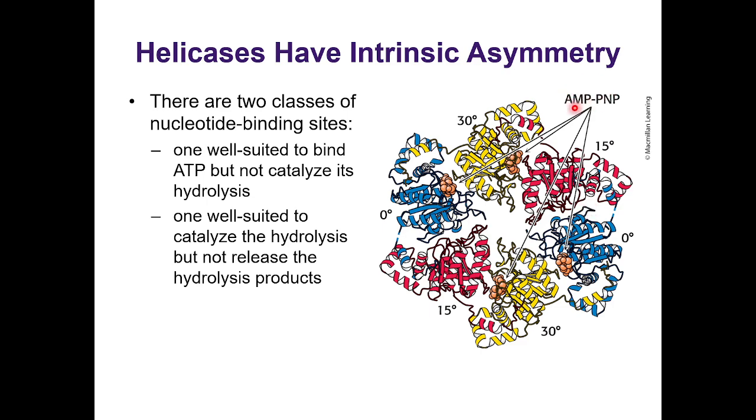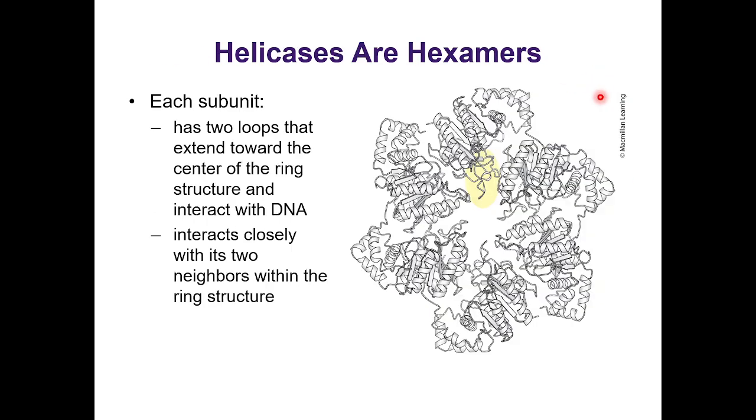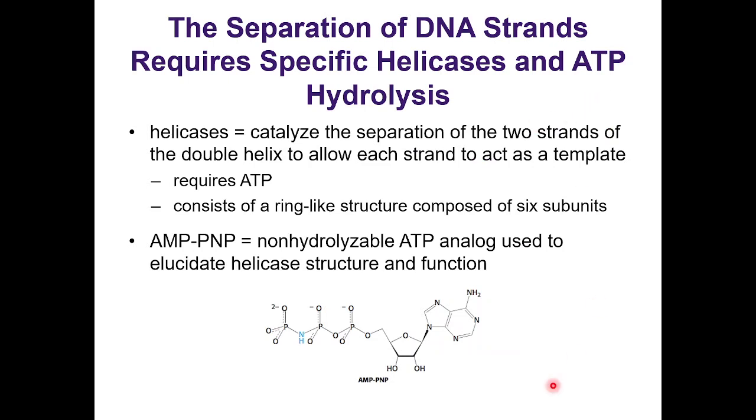Right here we can actually see that AMP-PNP, which is this right here, which can't be hydrolyzed, and we can then see where it sticks. Okay? This would normally be where the ATP sticks, but now we can't hydrolyze it and use it, right? Okay. Does everybody get why the name is like it is?